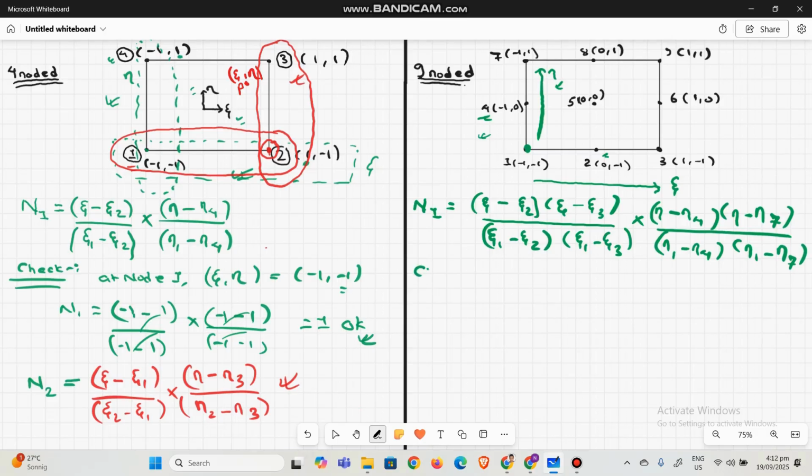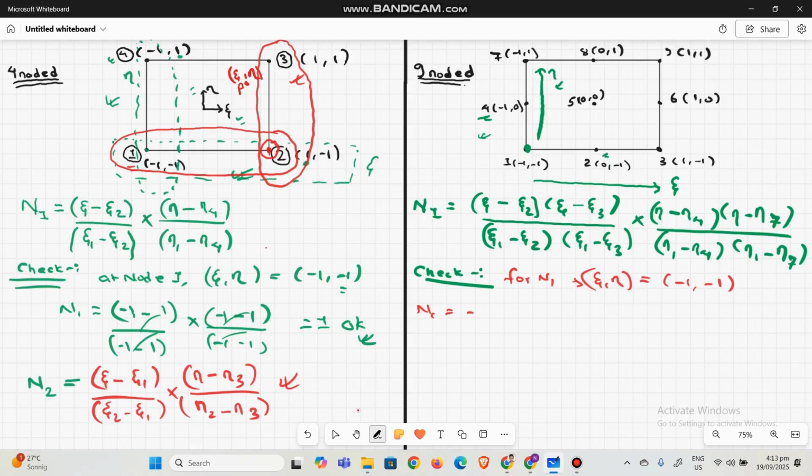So let's check. For n1, xi and eta are -1, -1. Let's put this in the formula.